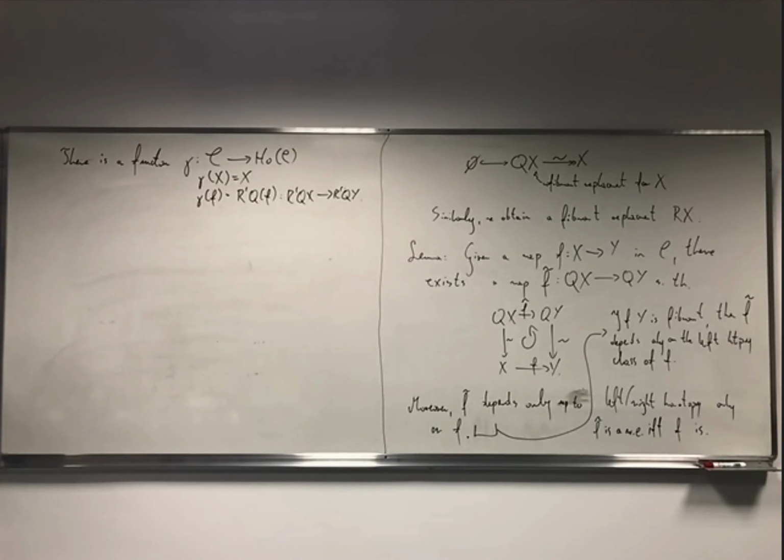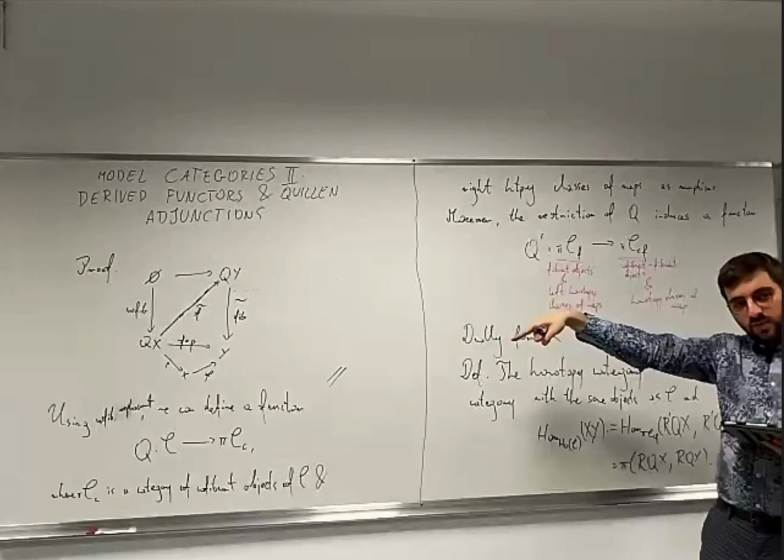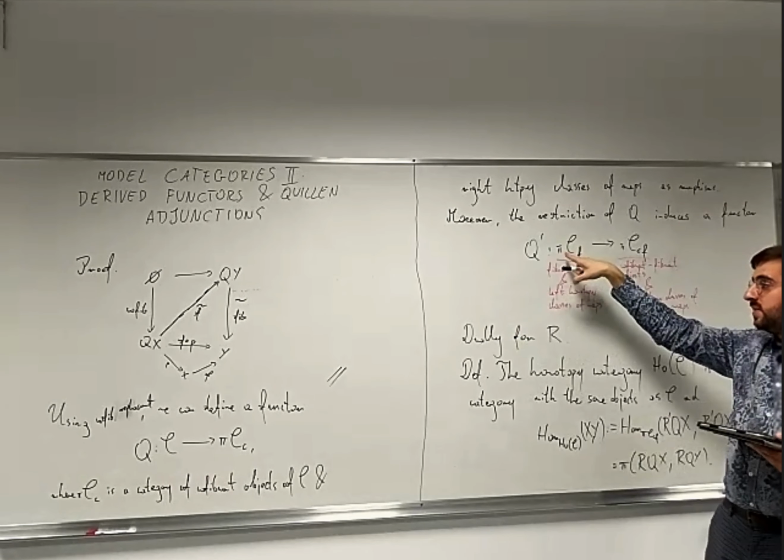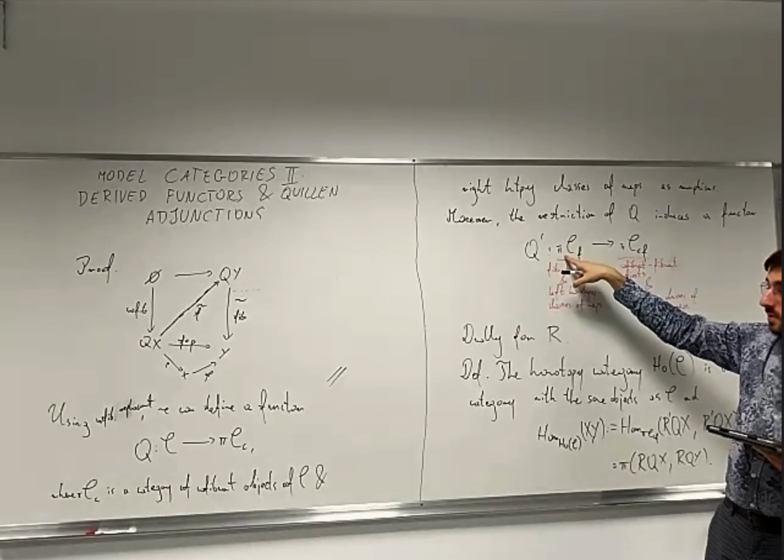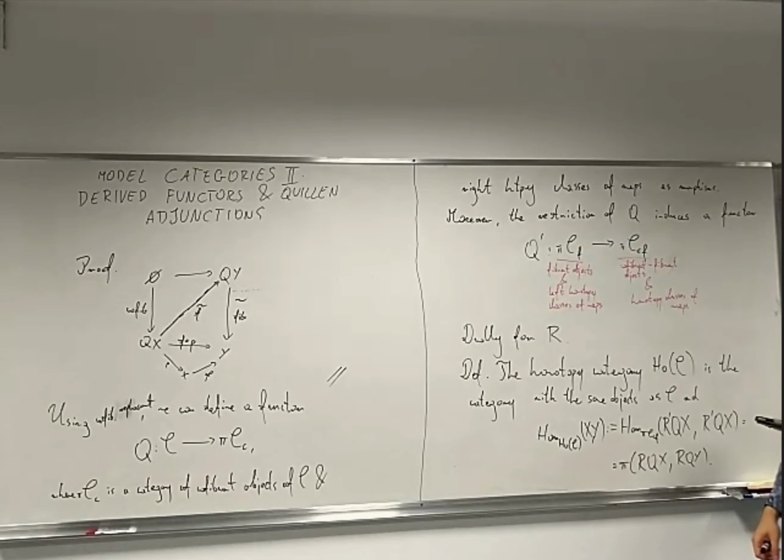So Q is defined as a functor from C to pi of CC, right? R will be defined as a functor from C to pi CF, and then R prime is defined from pi CC to pi CCF, but it is just a replacement. You can also probably write it as RQF.